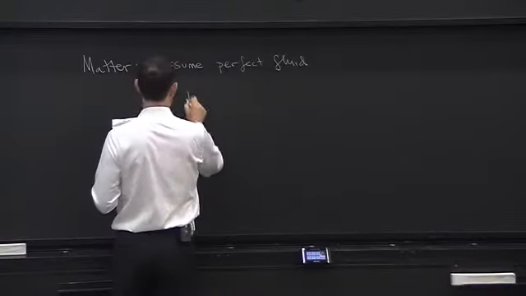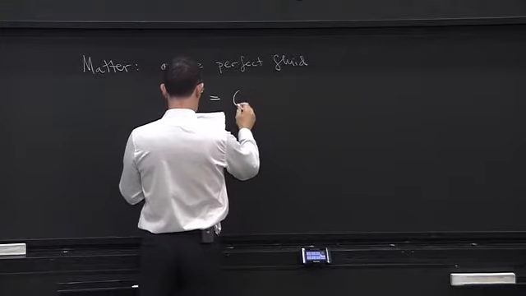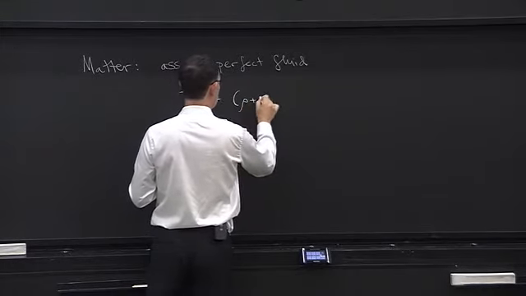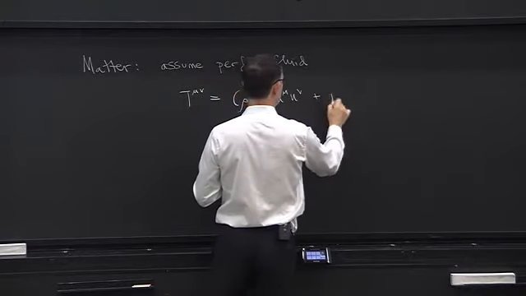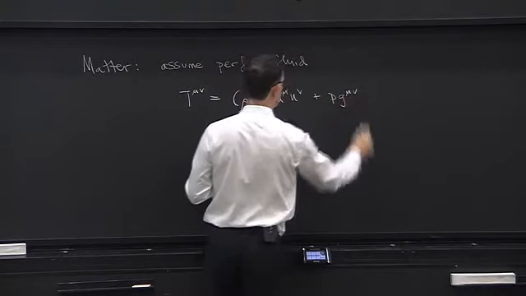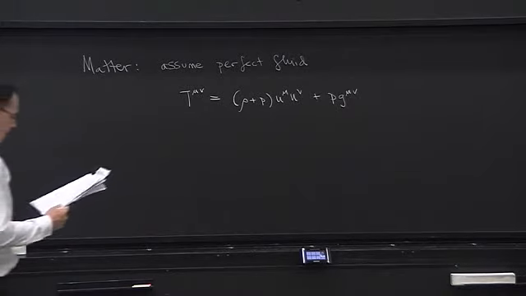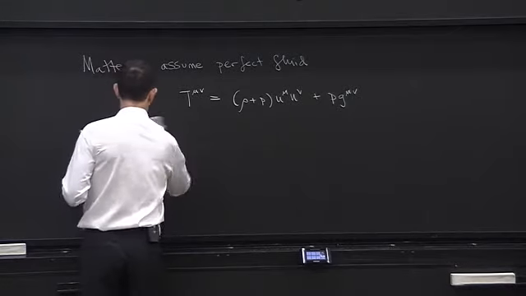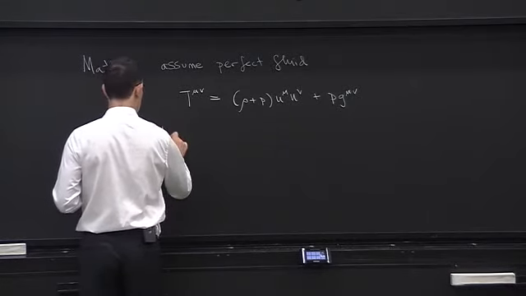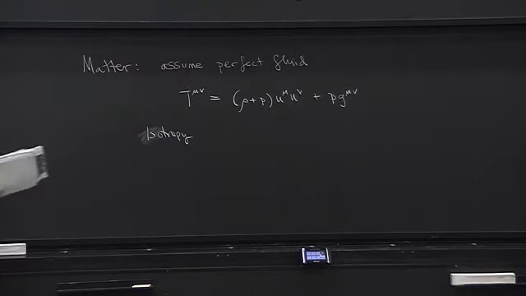And so T mu nu equals, I'll comment on that in a moment, (rho plus P) u mu u nu plus P g mu nu. And then isotropy: you see, the four velocity of the fluid is a vector.